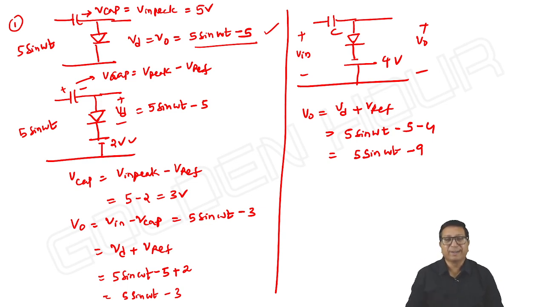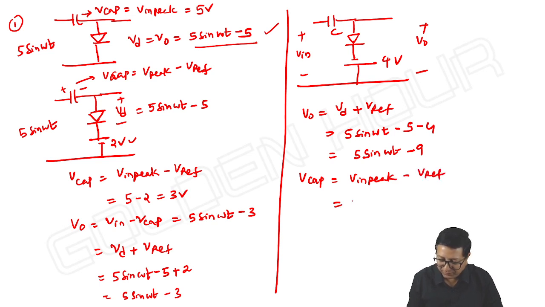Suppose they ask, what is V capacitor? V capacitor is equal to V input peak minus V reference. V input peak is 5 and V reference is minus 4. So 9 volts. The capacitor will charge up to 9 volts.